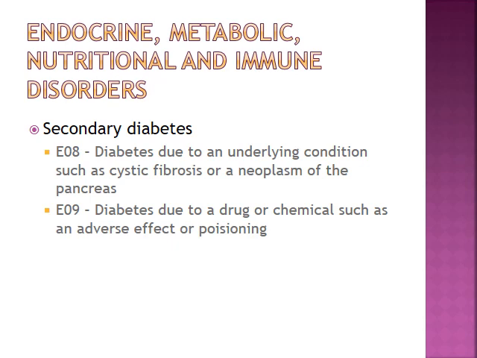There are two types of secondary diabetes. Category E08 is used for diabetes due to underlying conditions such as cystic fibrosis or a neoplasm of the pancreas. Category E09 is assigned to diabetes due to a drug or chemical such as an adverse effect or poisoning.